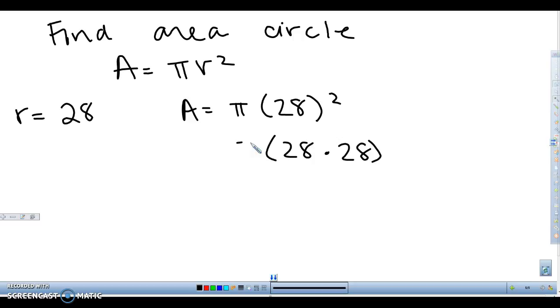Remember what exponents mean. And again, we're doing exponents before multiplication. So 28 times 28, I don't expect you to know that off the top of your head, but go ahead and work it out and you will get 784 times pi. And if you remember from geometry, I always tell you can leave things in terms of pi. That's not changing.